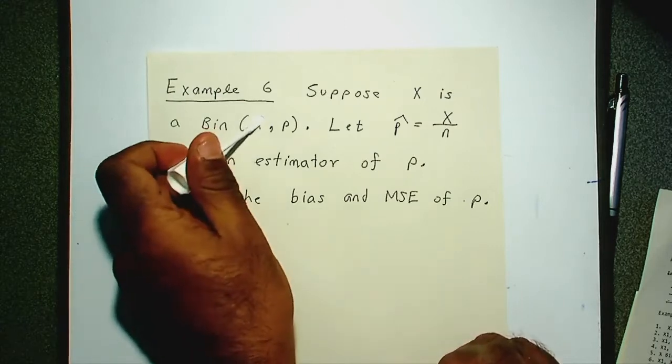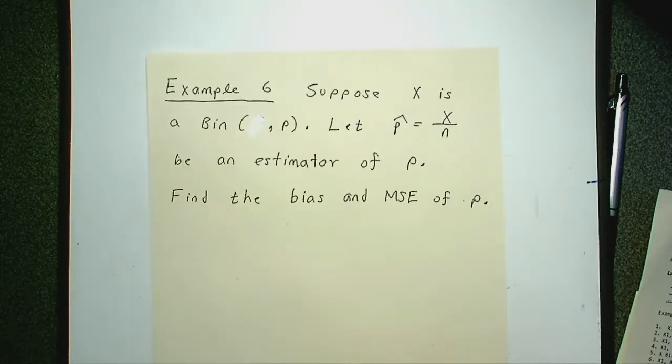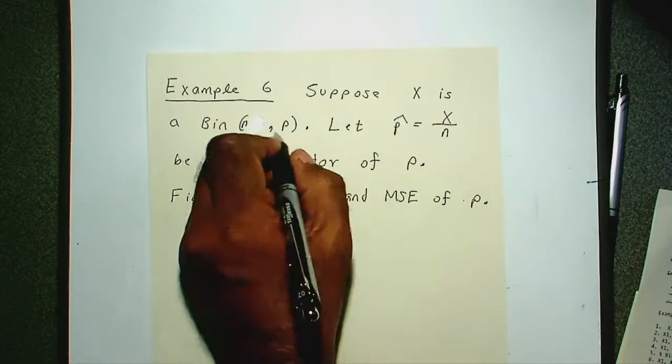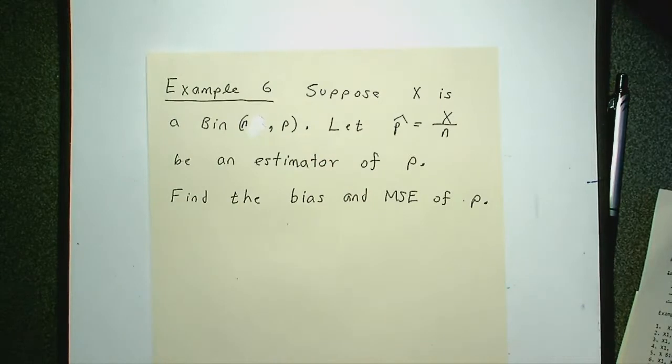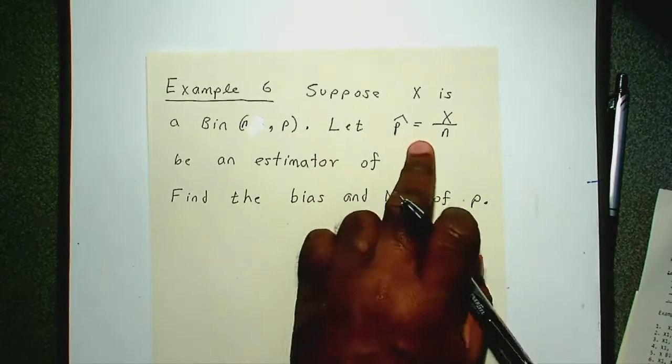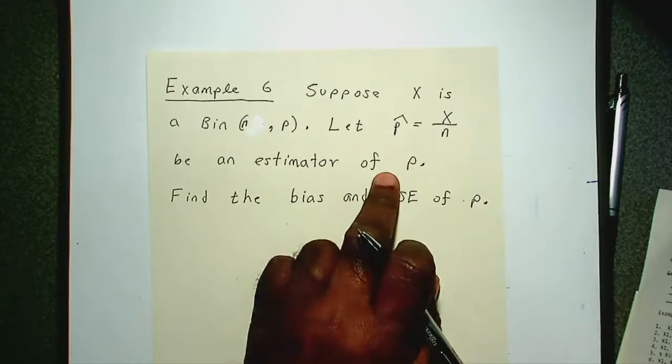It shouldn't be x, guys. It should be binomial with parameters n comma p, and let p hat be an estimator of p, right?